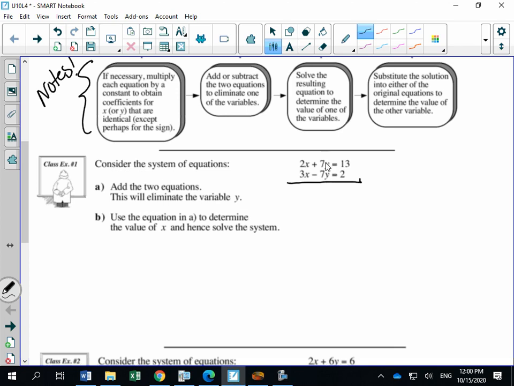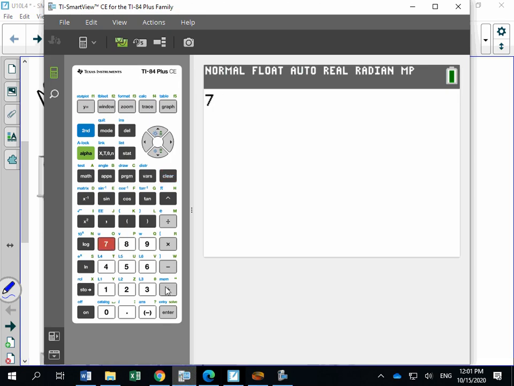So what I need to figure out is, am I going to add these 2 equations and my y will disappear, or am I going to subtract these 2 equations and my y would disappear? So it's just sort of like guessing and checking. If I added 7 plus -7, let's see what would happen. The y's disappear.